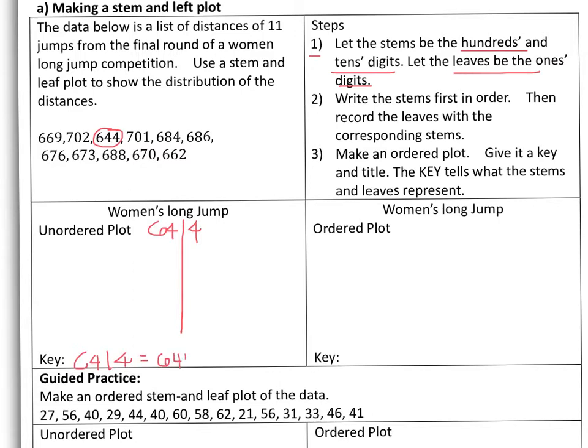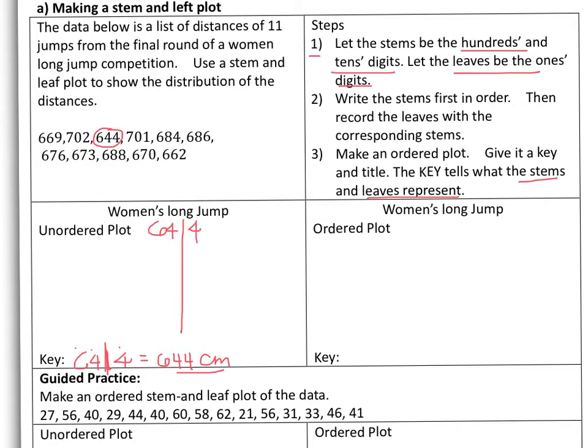This tells me what the stems and leaves represent. So in this case, I separated the hundreds and the tens digits from the ones digit and drew a line in between. And this means 644 centimeters.